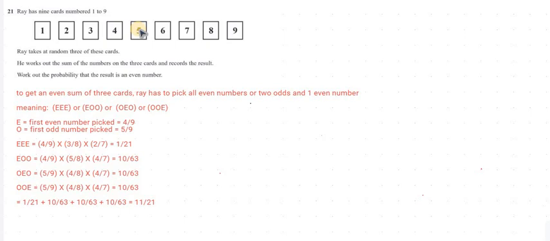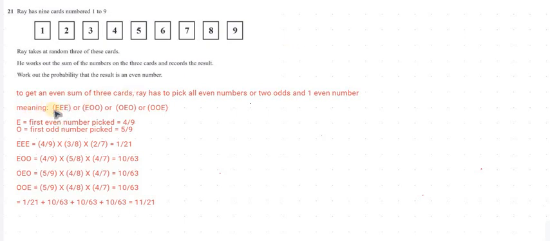Okay? So to have an even number when you're picking 3 cards to sum, they have to be all even, so 2, 4, 6, or any of the above. Or you pick 2 odd numbers, when you sum them, that gives an even number. When you add an even number to that, it remains even. So these are the possibilities. It's like flipping a coin 3 times.